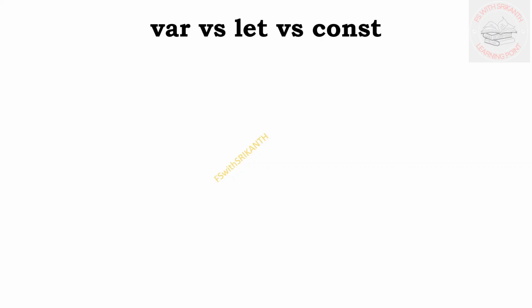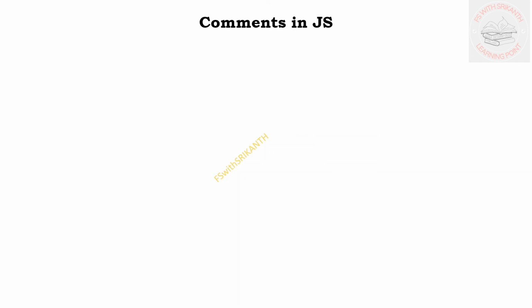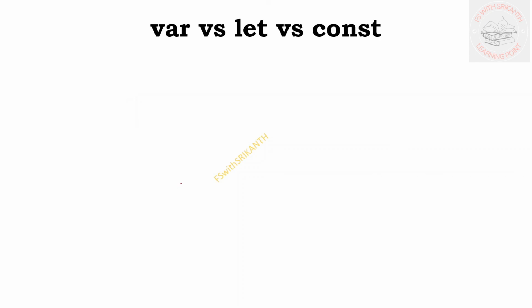We may place comments in two ways: one is double slash, and multi-line comments are done with this one. And what are the differences between var, let, const? Just observe three categories: var, let and const.